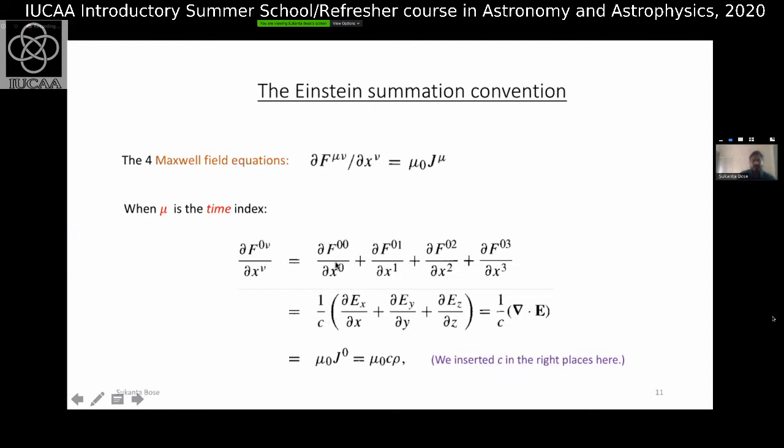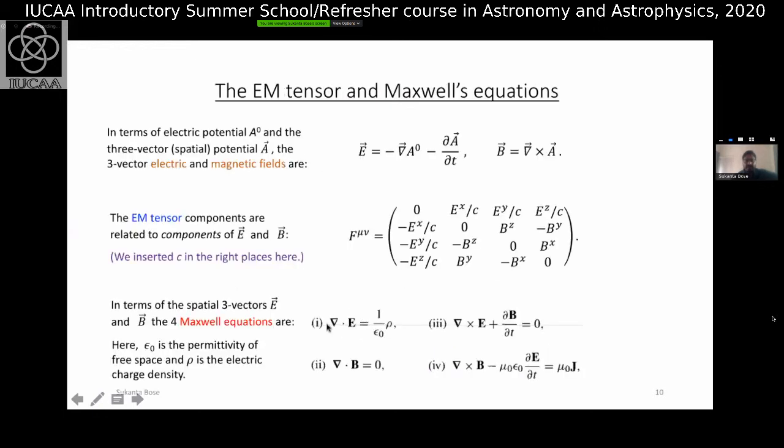The first term was 0 because F00 is 0. The remaining 3 terms give you these 3 derivatives of the electric field components. But these are the, respectively, x derivative, y derivative, and z derivative, which is nothing but the divergence of the electric field and with the 1 over c outside. And indeed, this is what we have on the left-hand side of the Maxwell's field equation, except for the 1 over c.